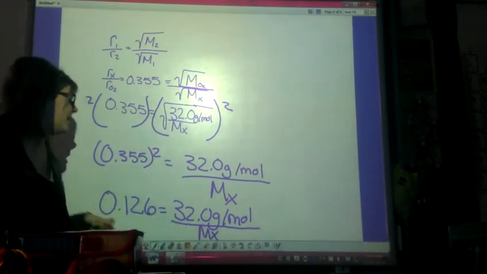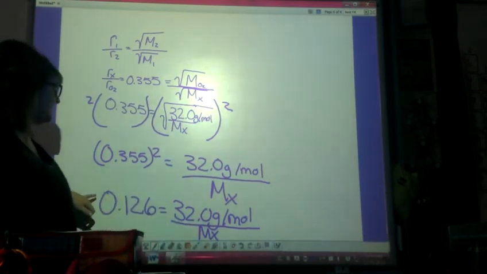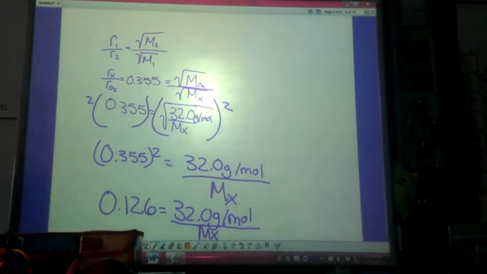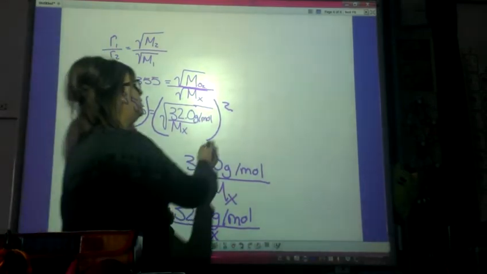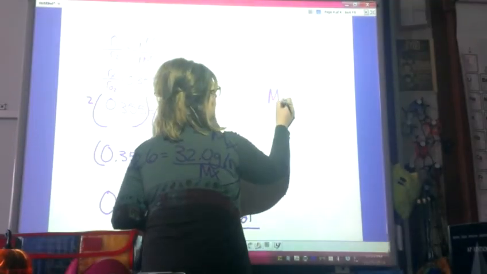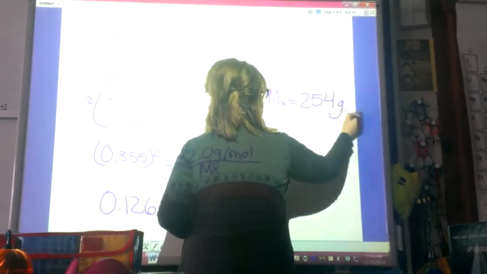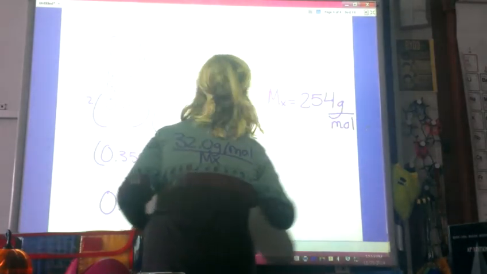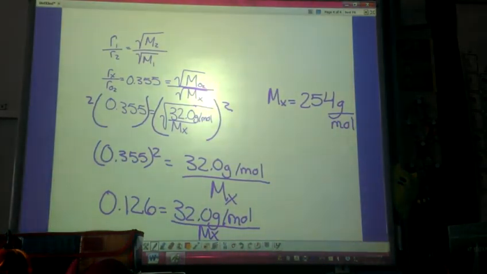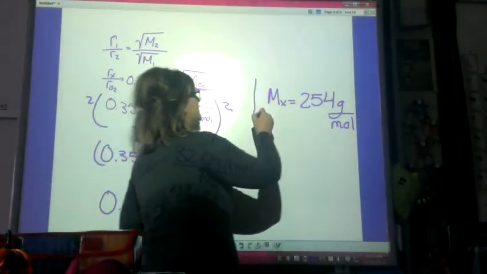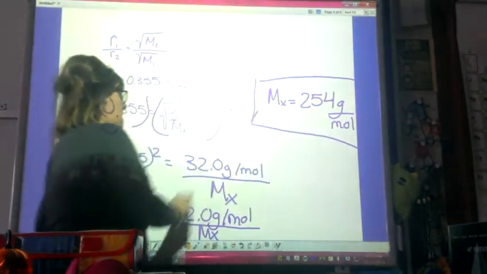Then if I multiply this by M sub x and take 32 divided by 0.126, I would get the molar mass of my unknown. So the molar mass of the unknown should be 254 grams per mole. Okay, perfect. All they asked me to do was to find this molar mass using Graham's law, and that's what we did.